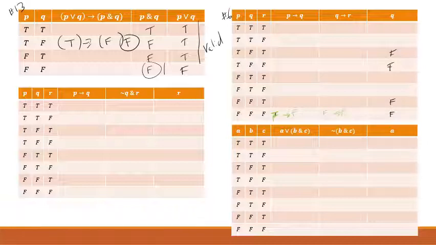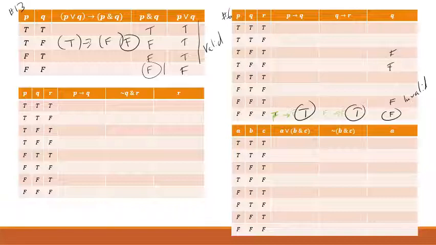And remember, with arrows, the only time arrows are false is if it's true, arrow, false, right? If the antecedent is true and the consequent is false. So both of these are going to turn out to be true. So true premises, false conclusion. The argument is invalid. You don't need to fill in any more of this truth table if you get to this point. Okay, moving on.